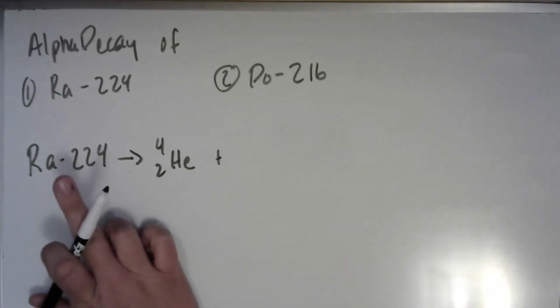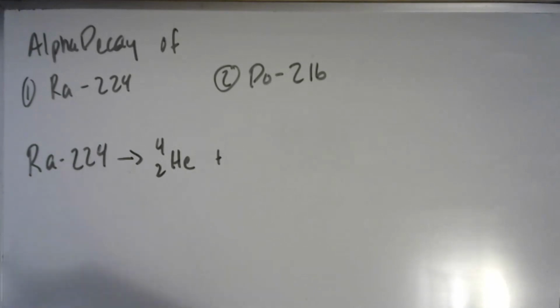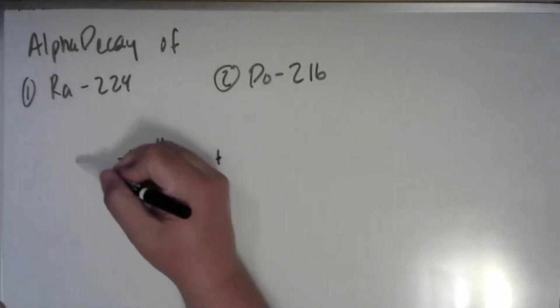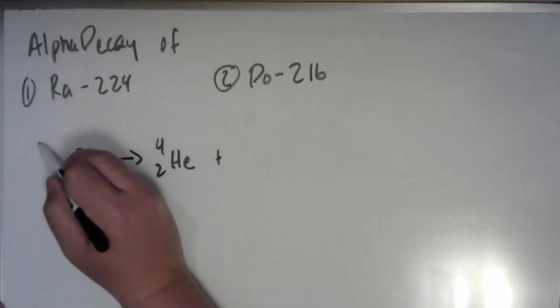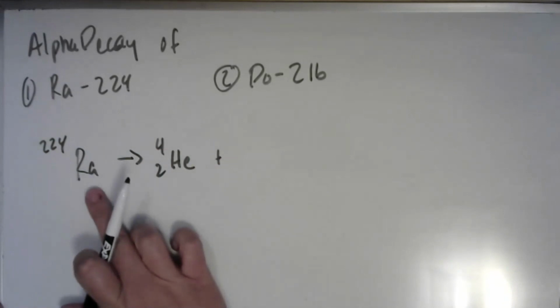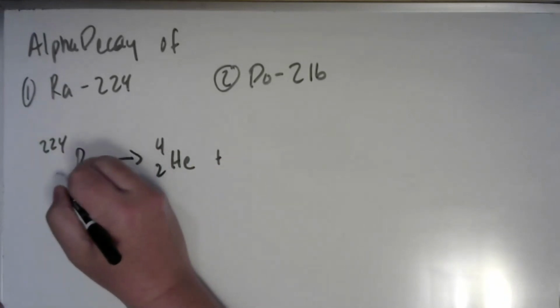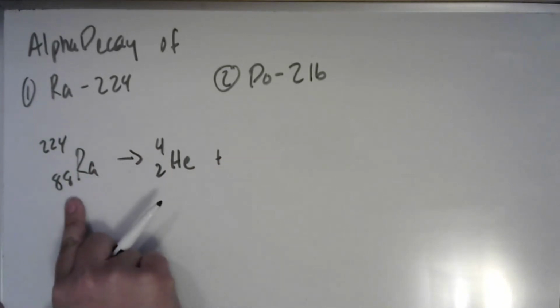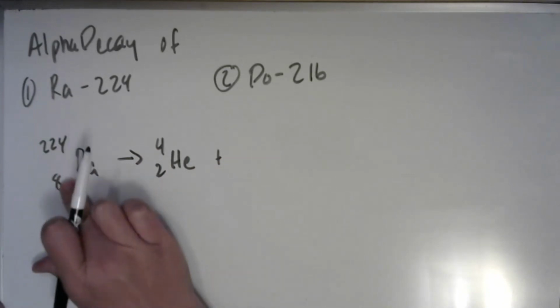So if we take the radium 224 and we rewrite it in isotope notation, we're going to end up with Ra. We'll have a 224 up top. And if you look up radium on the periodic table, you see it's atomic number 88. And that's right on the periodic table. Okay, let's make the 8 clearer.